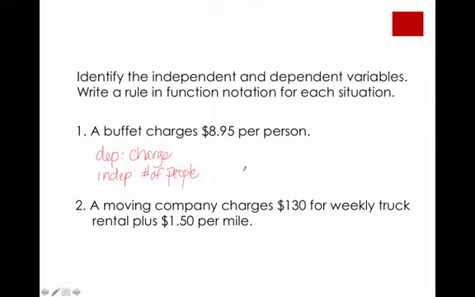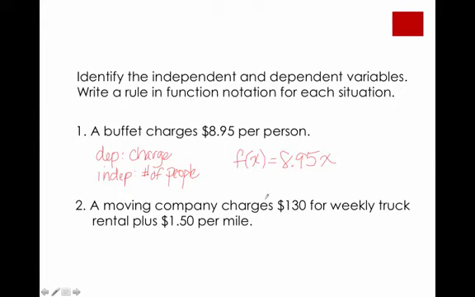Well, how would I write this as a function? F of x equals 8.95 times my independent variable x. Okay, so this y, this output or dependent variable, depends on how many people, my independent variable, times that quantity per person.